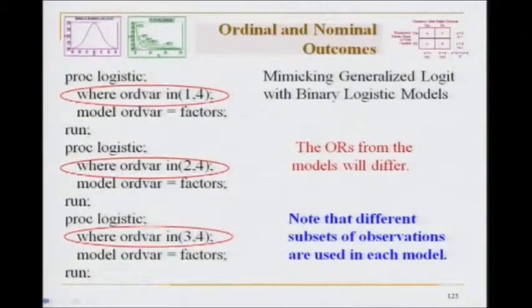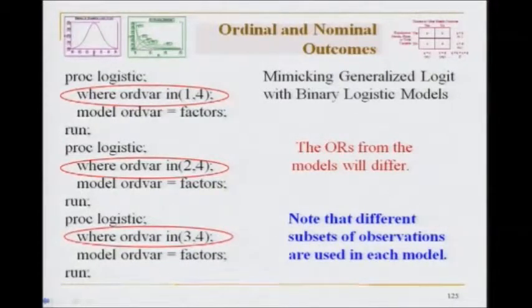Then again for illustration, just so you actually see what this means, I've tried to show a stratified approach for mimicking what generalized logit does. Here you can see I'm using where statements in SAS to say category 4 is the reference group. So I'm modeling category 1 versus category 4.